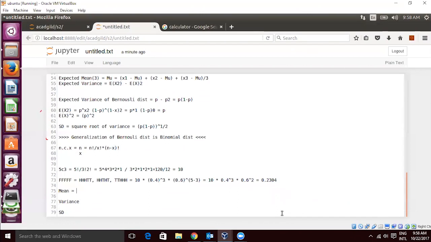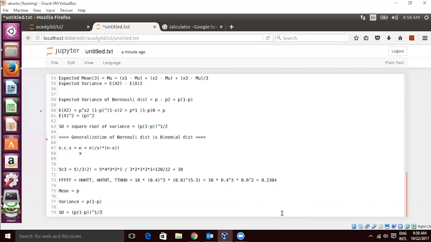Since the binomial distribution is the generalization of the Bernoulli distribution, let us substitute the values directly and calculate this. The mean is p, the variance is p into 1 minus p, and the standard deviation is the square root of variance, which is to the power of 1 by 2. Simple.